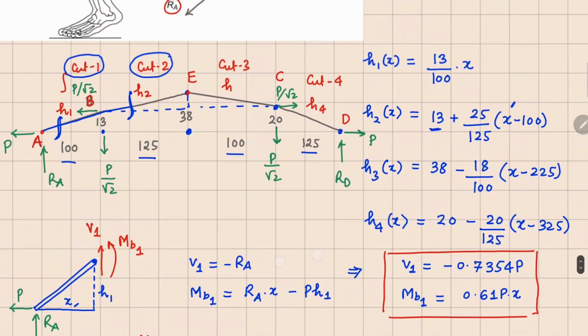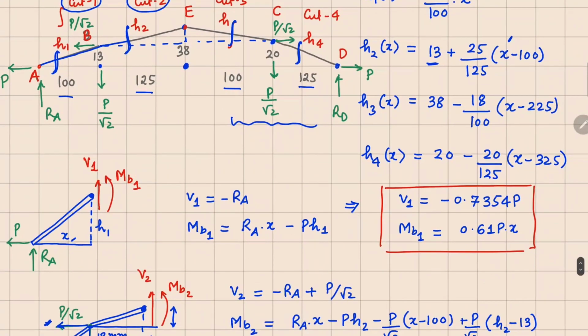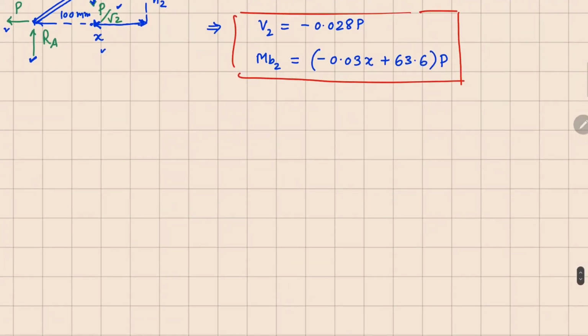Now in the same manner, we can go to this cut 3. Now for cut 3, it will be easy for us to analyze the right part, and similarly for cut 4, it will be easy for us to analyze the right part in this case also. So if I draw the free body diagram for cut 3, we are going to get one segment here and the other one going in this manner.